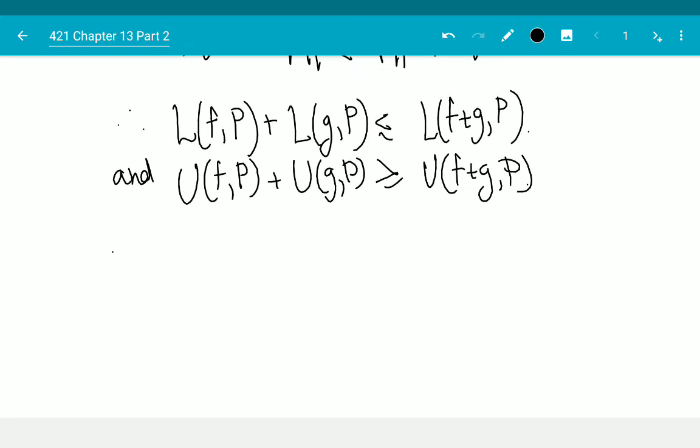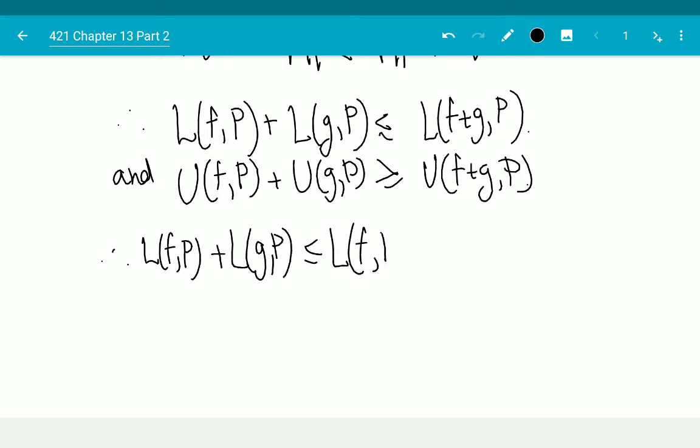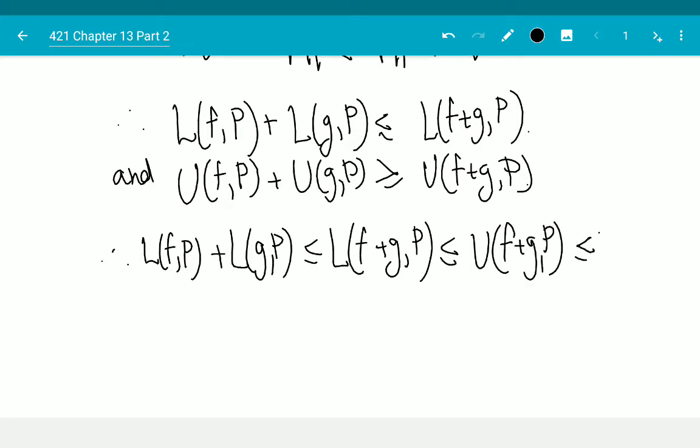And therefore L of f comma p plus L of g comma p is smaller than or equal to L of f plus g comma p, which is further smaller than U of f plus g comma p, which is further smaller than U of f comma p plus U of g comma p.